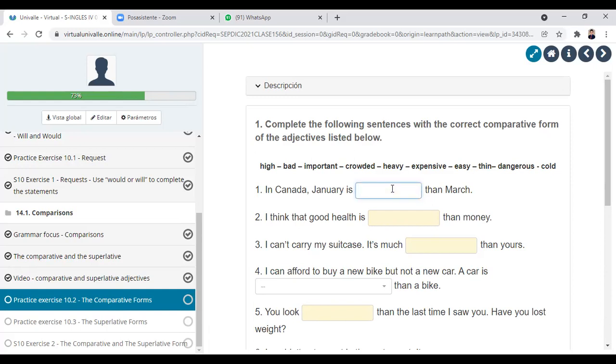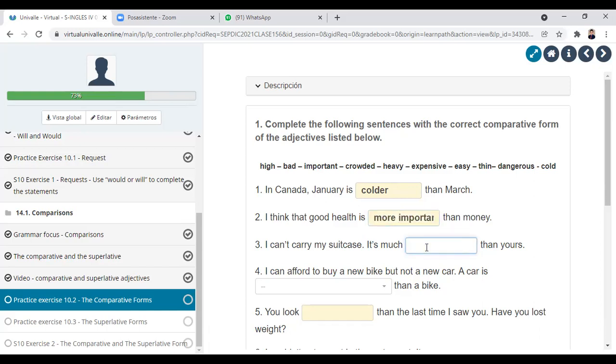In Canada, January is colder than March. I think that good health is more important than money.